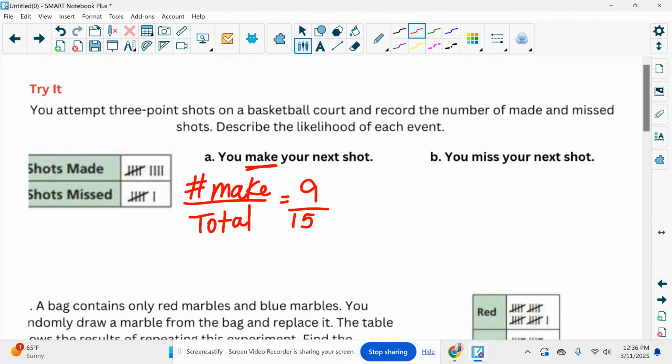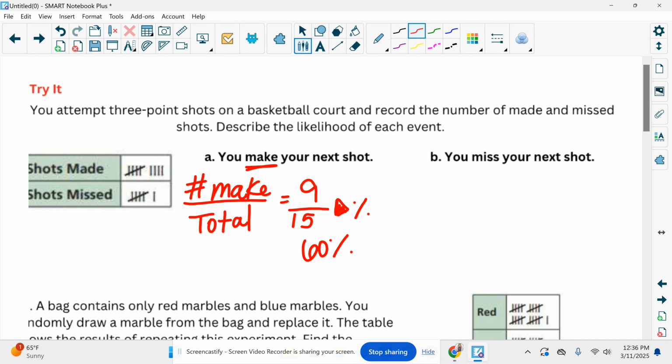Alright, and then we're going to change it to a percent. So 9/15 as a percent is 60%. So what is the likelihood of Presley making the next shot?